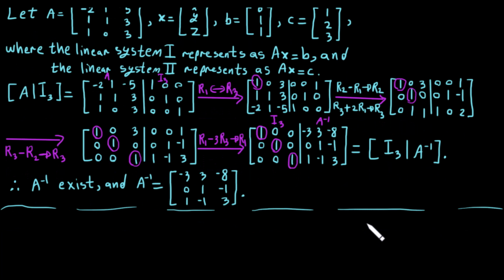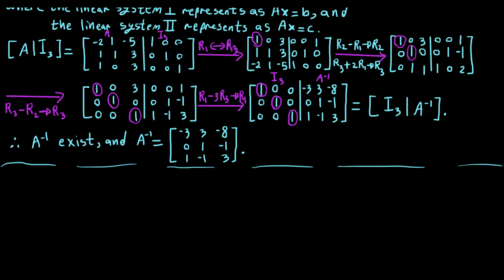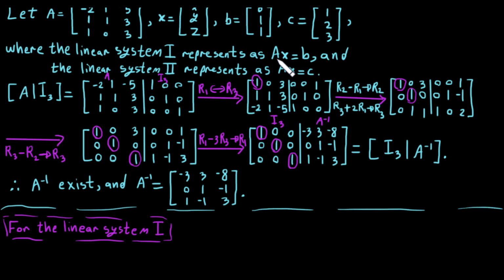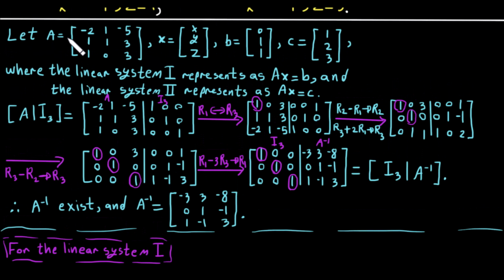Now let's go a little bit down. Let's change the color. For the linear system 1, which we represent by assuming that here A is this one, x equals this one, b equals this one.